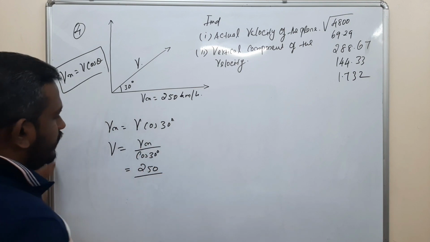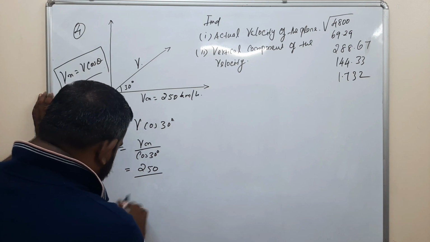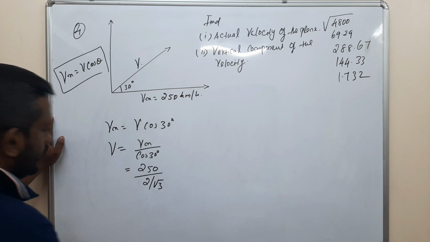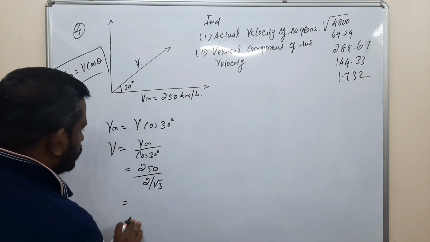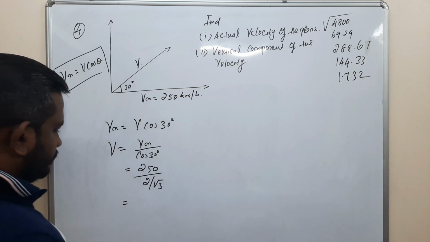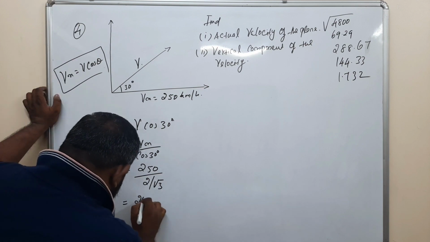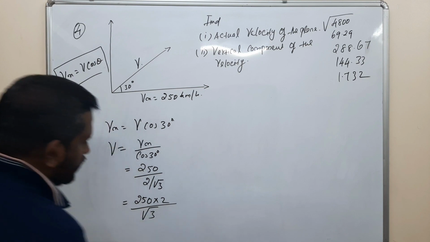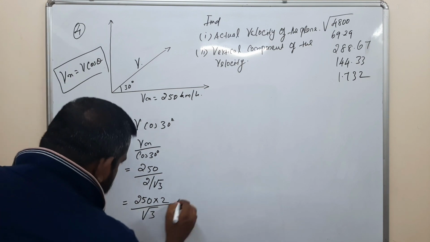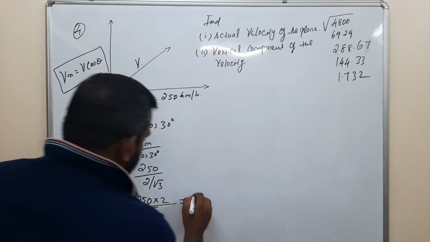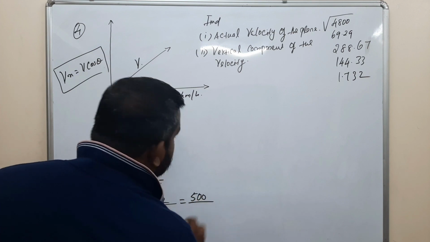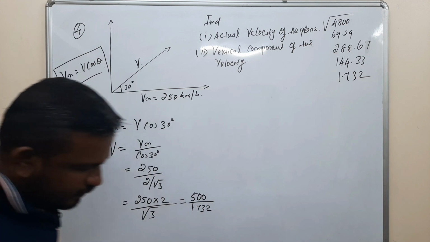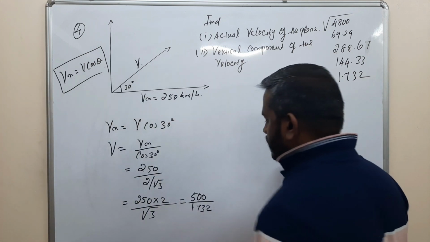250 divided by cos 30, that is 2 by root 3. So that's equal to 250 into 2 divided by root 3, which is 500 divided by 1.732, since the value of root 3 is 1.732.